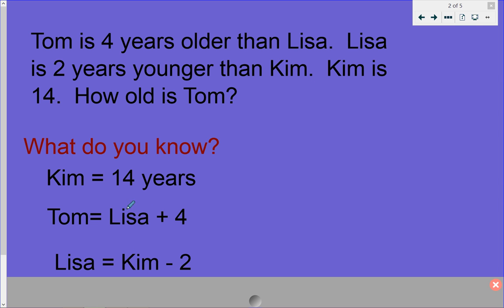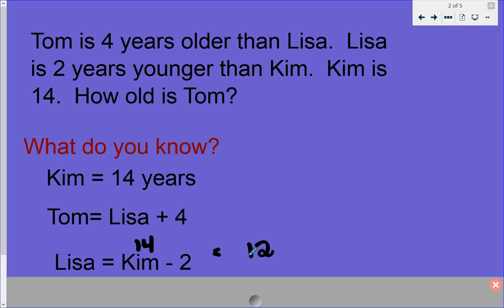So I have 3 different listings here. Now we look at the one that has an exact answer that there's no question about, and that's Kim is 14. Every place I see Kim in these other two, I'm going to put the number 14. Now I can do my problem. 14 minus 2 equals 12.